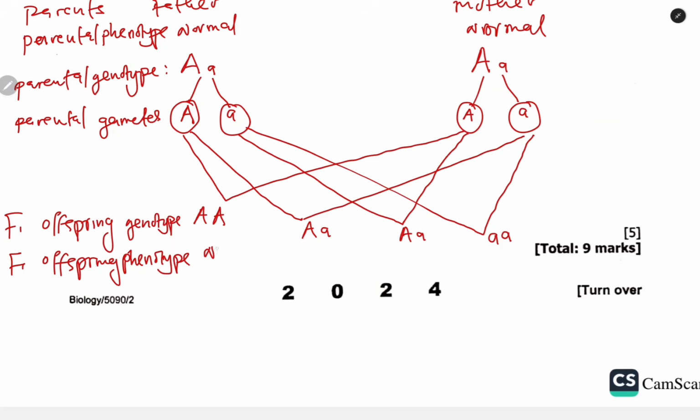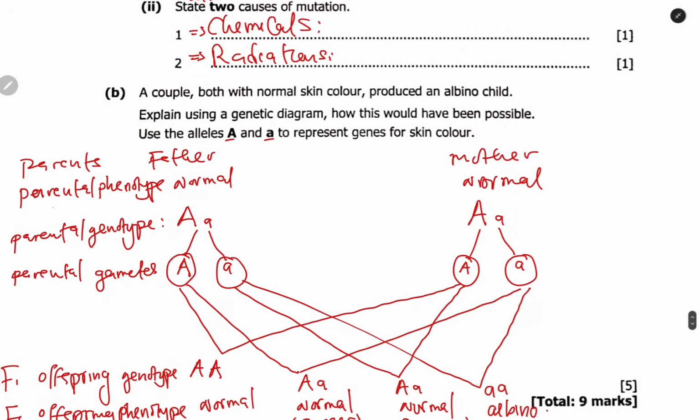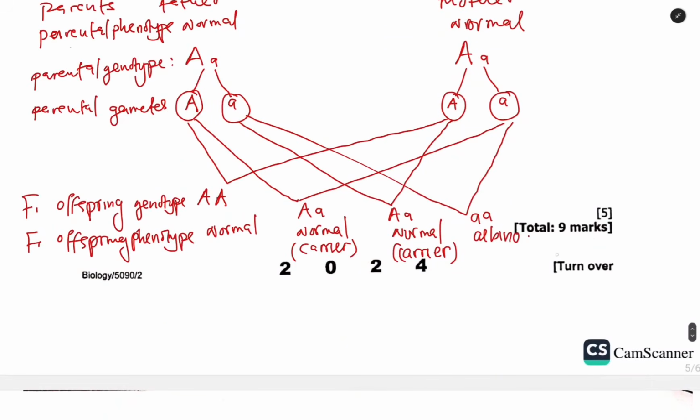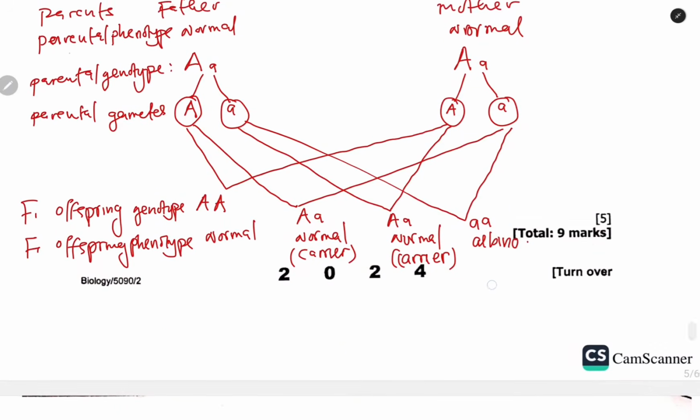Then we have this one normal, but carrier. Okay, so normal. Also this one normal. This one is the albino. So this is how it is possible that although they were normal, they had one child who is albino, as you can see from here.